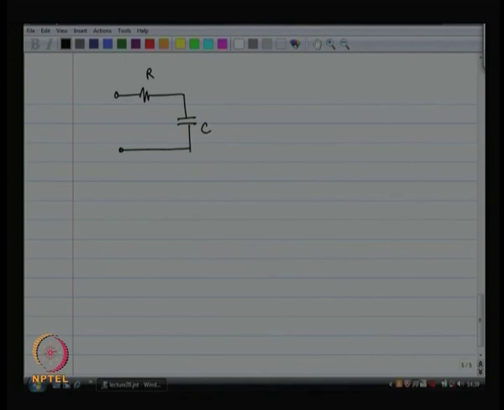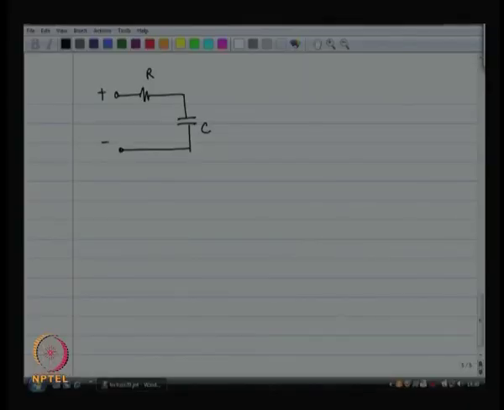Now, in the RC network, the resistor is the only thing that is noisy, the capacitor is noiseless, right. Now, the question that I would like to ask you is as follows.